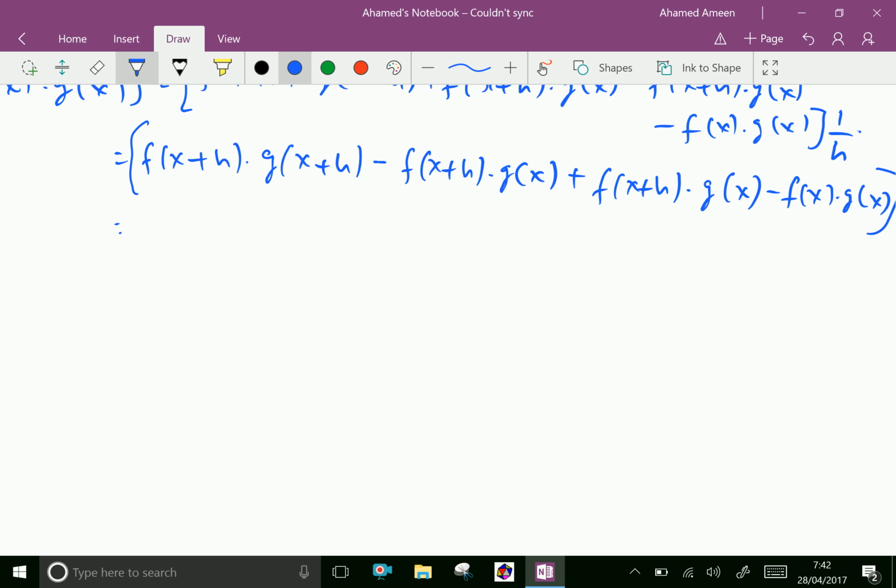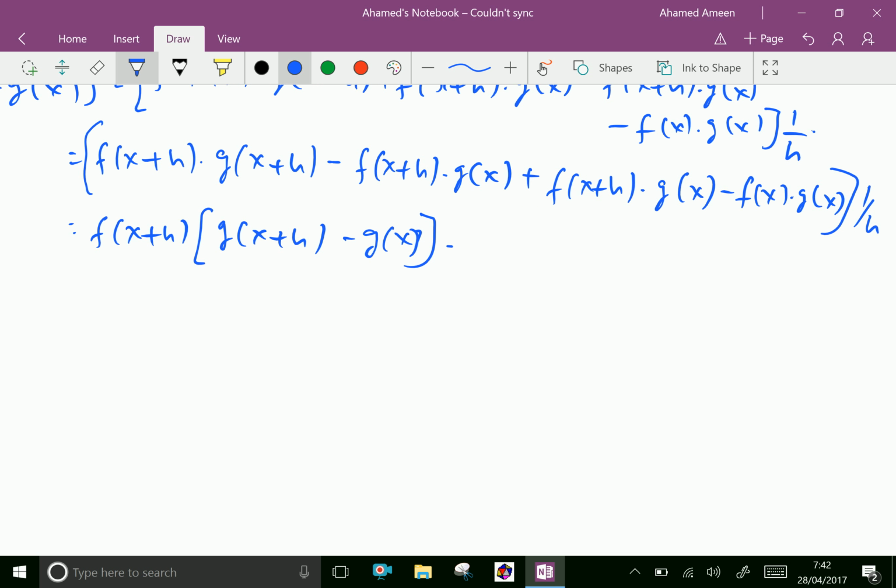Now factorize the common term: f(x+h) times [g(x+h) minus g(x)] for the first expression.